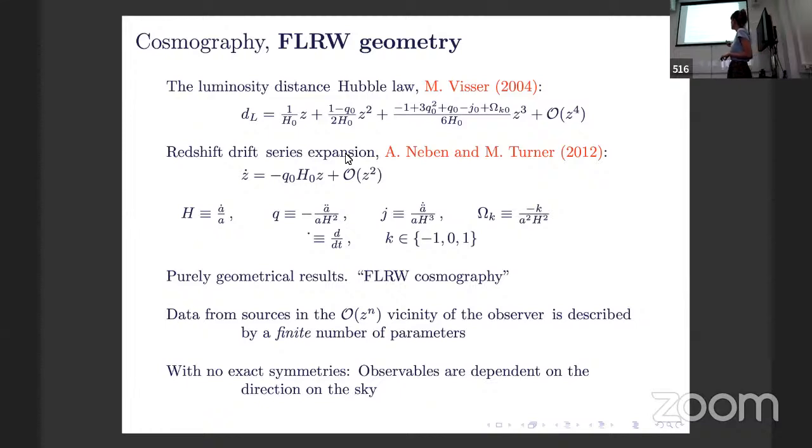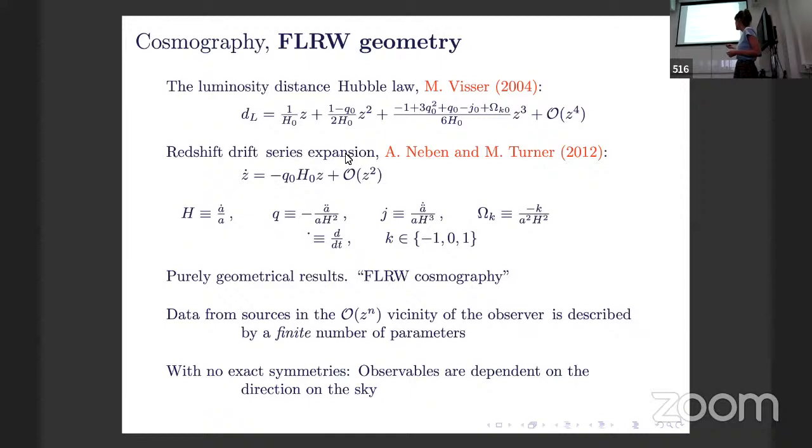And we can note some nice properties about these cosmographic expressions. So we have that the coefficients of these series expansions are independent of the direction on the observer's sky. This is a direct consequence of the isotropy that is built into the FLRW models as an assumption.